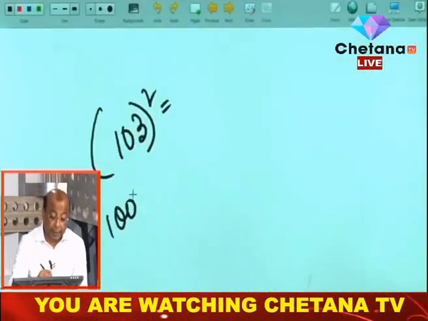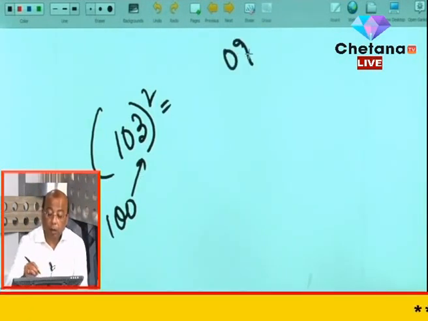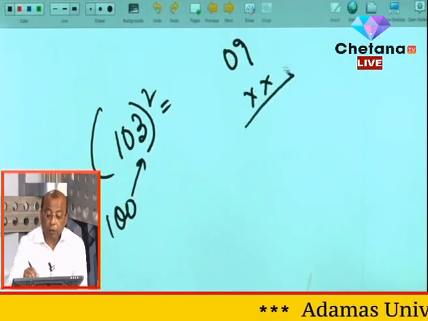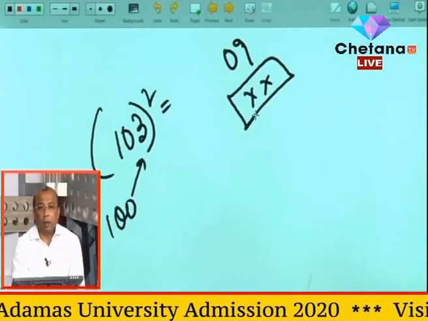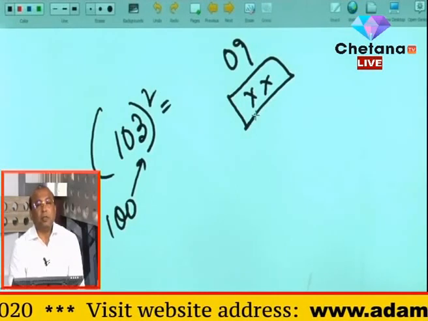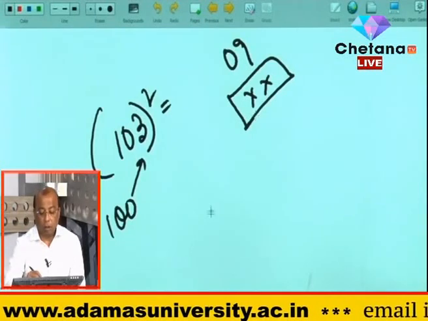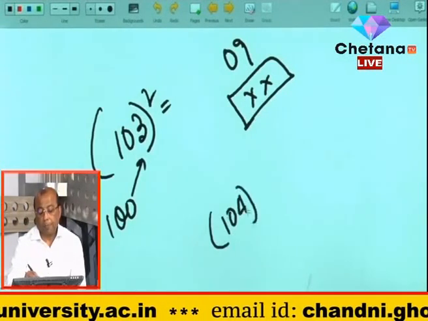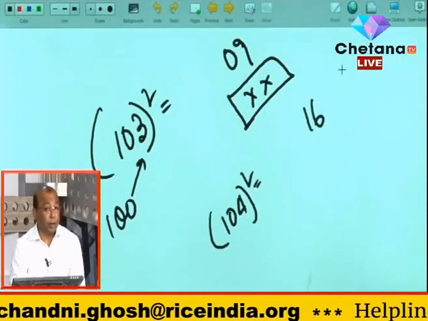103 whole square. Consider 100. How much more? That is 3. 3 square, that is 09. Every time there should be two places for putting that square. The result of the extra number may be a 2-digit number or a 1-digit number. If it is a 2-digit number, like 104, where 4 squared is 16, there is no question of putting 0.